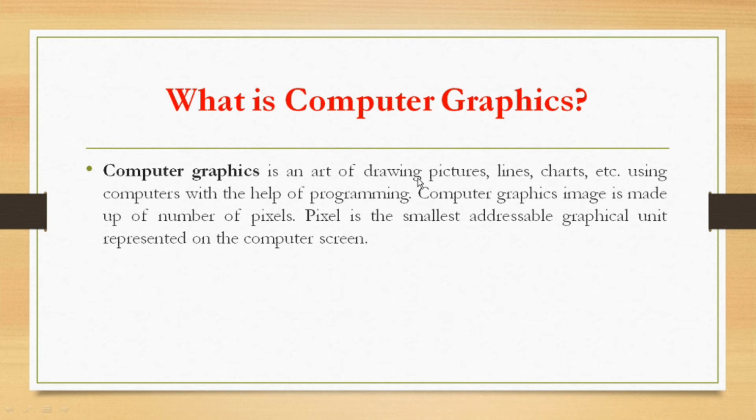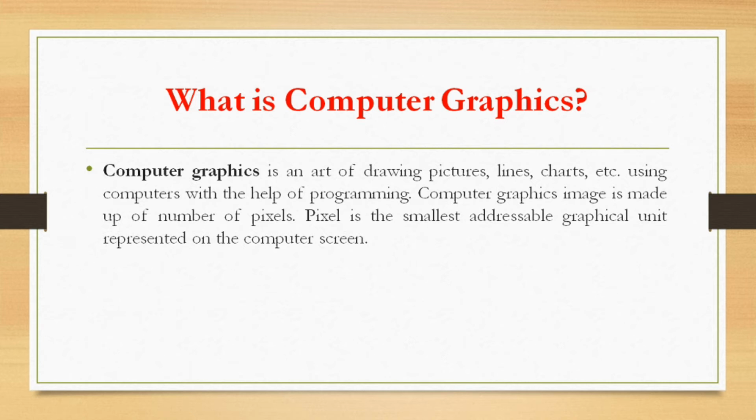The next definition: computer graphics is an art of drawing pictures, lines, charts, etc. using computers with the help of some programming. You can draw anything on a computer with the help of programming. A computer graphics image is made up of a number of pixels. The graphics image displayed on the computer is made up of n number of minute particles known as pixels.